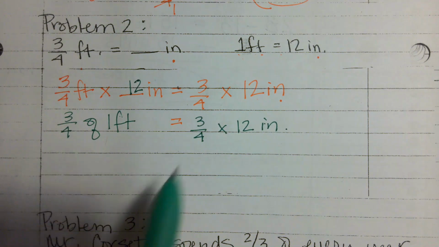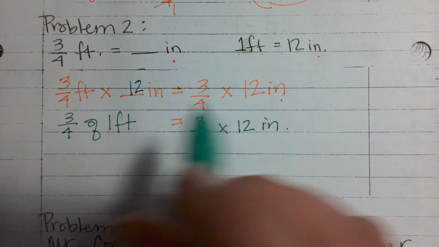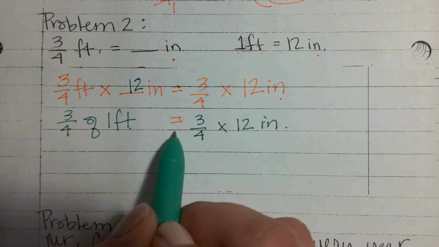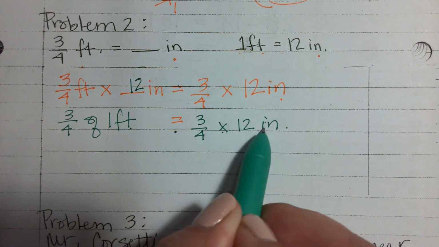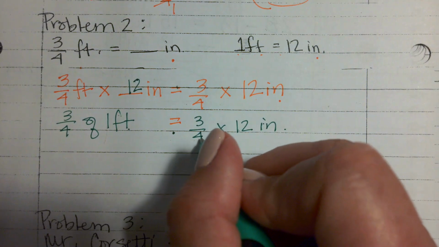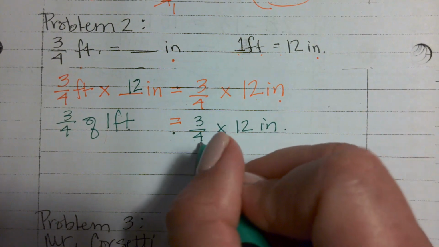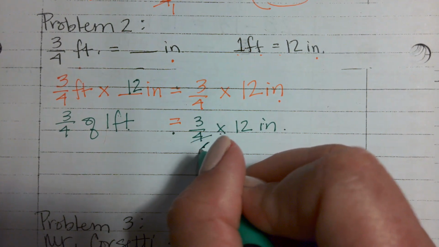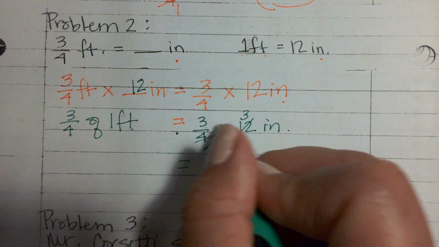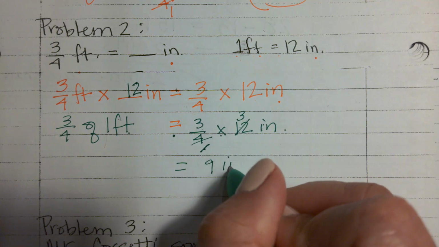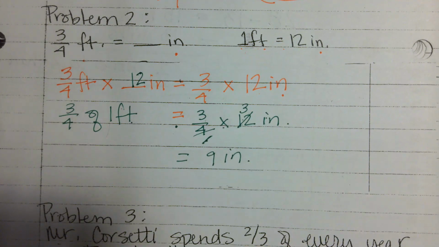Because I want to make sure I'm trying to be as consistent as possible. So 3/4 of 1 foot is equal to 3/4 of 12 inches. So here we go. 3/4 times 12 inches. 4 goes into 4 one time. 4 goes into 12 three times. 3 times 3 is 9 inches.